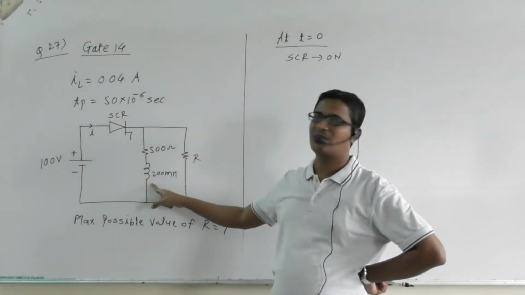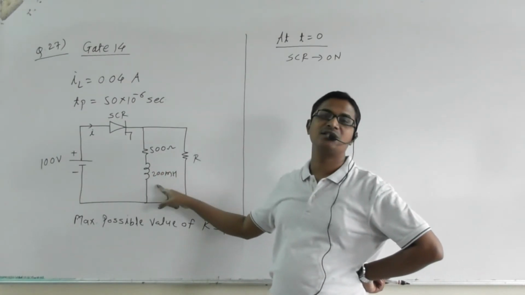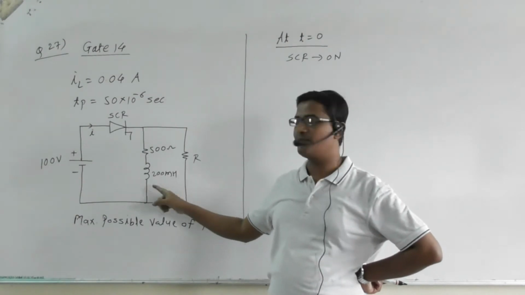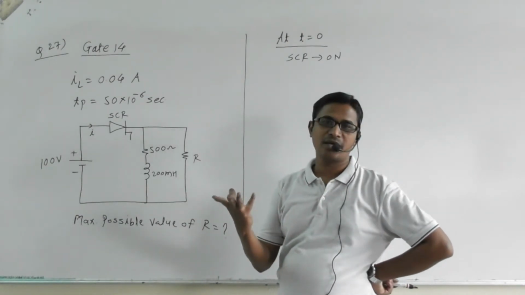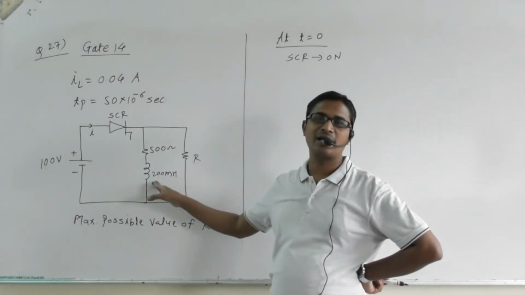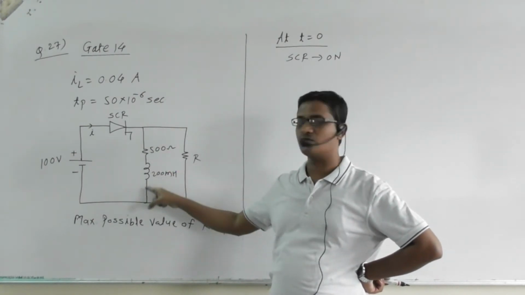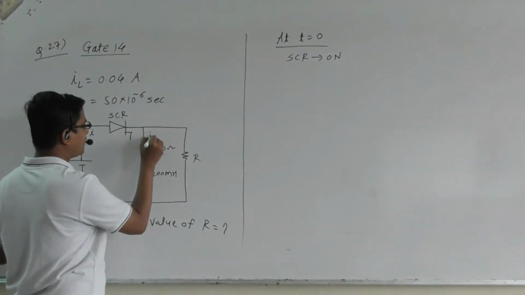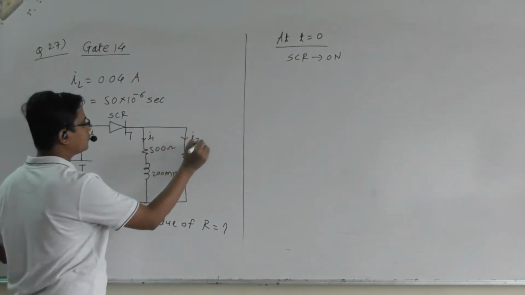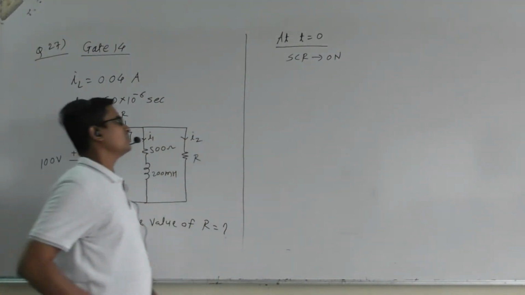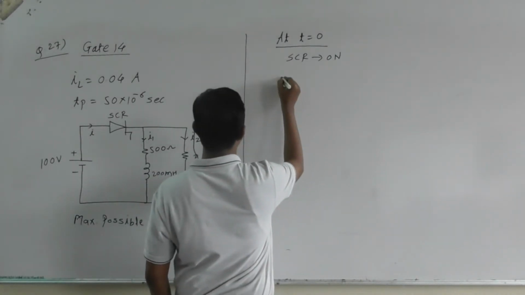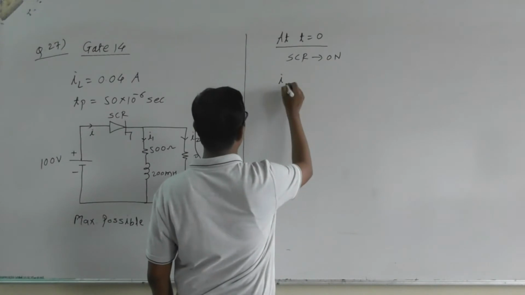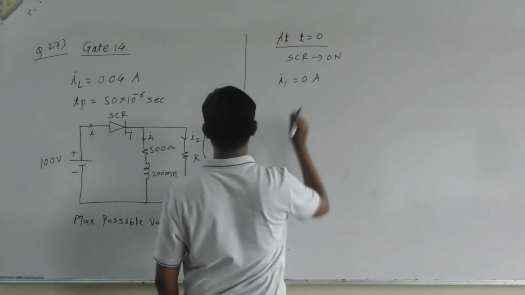Because before T is equal to 0, the current flowing through the inductor was 0, okay. So definitely at T is equal to 0, this inductor will behave as an open circuit, so the current here is 0. So consider here current is I, here current is I1, here current is I2. So at T is equal to 0, I1 is equal to 0 ampere, right?